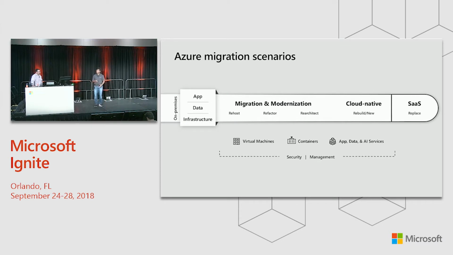And there are a lot of capabilities or technologies that are relevant along this journey. So for this session, we're going to click down explicitly and give you some step-by-step guidance on rehost, refactor, and re-architect.